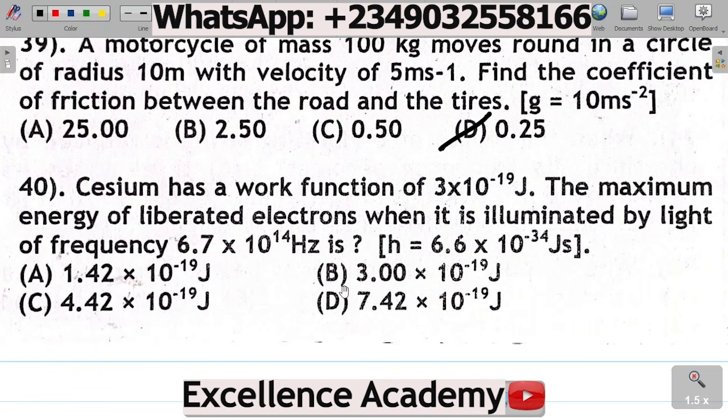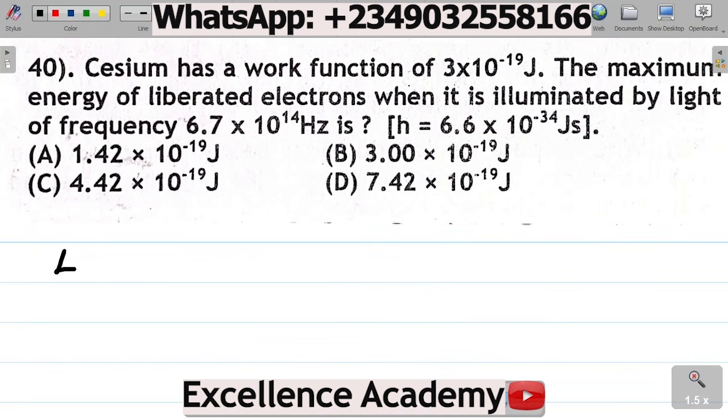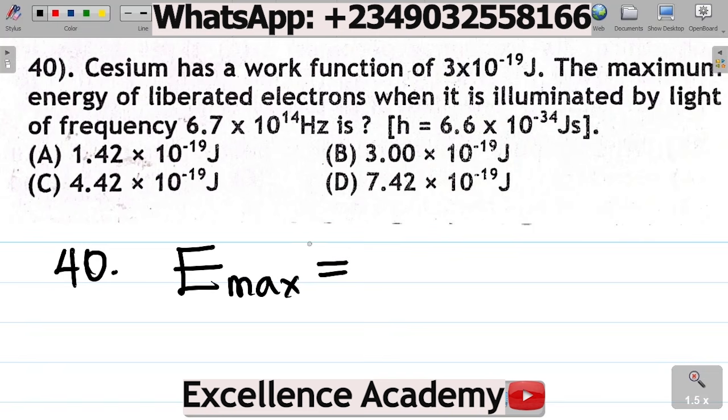Now, for question 40, the formula there is that the maximum energy, E max, is equal to H times F, which is Planck's constant multiplied by frequency, minus the work function, phi.